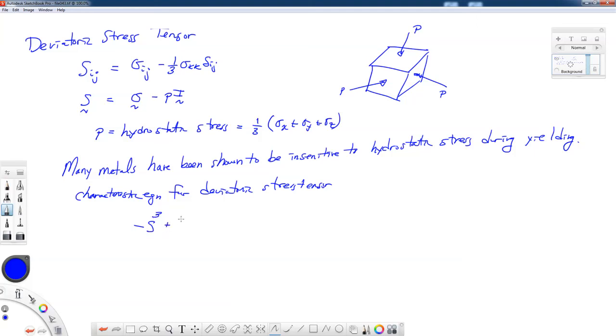So we have a minus S cubed. And now I've already used I, so I'm going to use J. And again, if you're reading Hill's book, be a little careful. He uses J prime. But J is the more standard notation these days, and I is the more standard notation for the regular stress tensor.